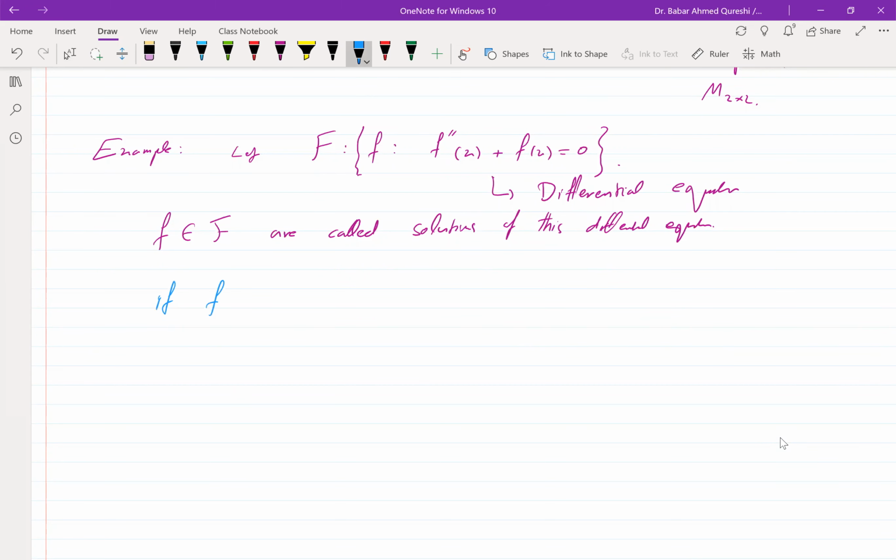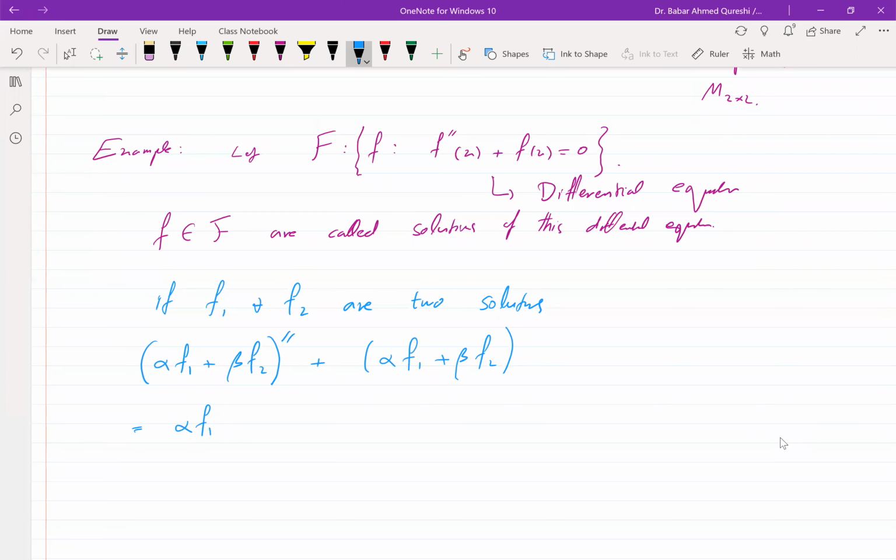If f1 and f2 are two solutions, then I check whether alpha f1 plus beta f2 satisfies the equation. Because the derivative is linear, I can collect these terms.